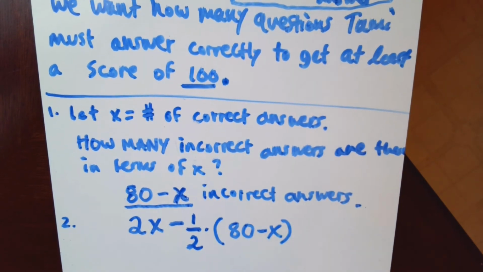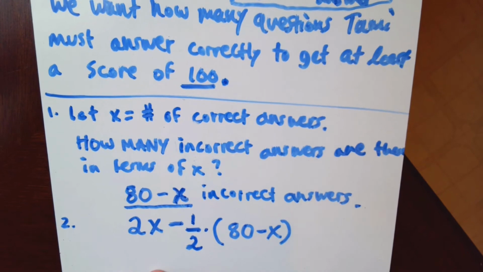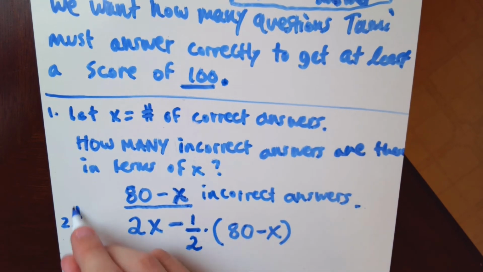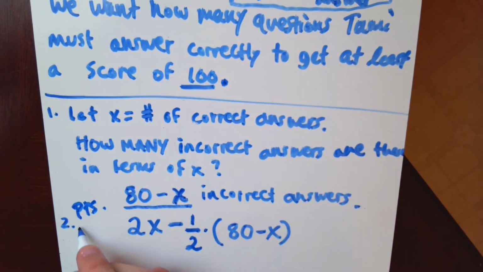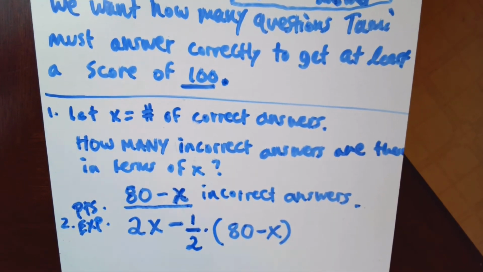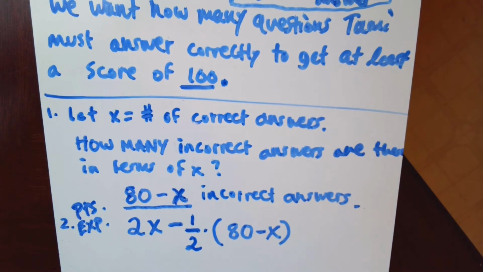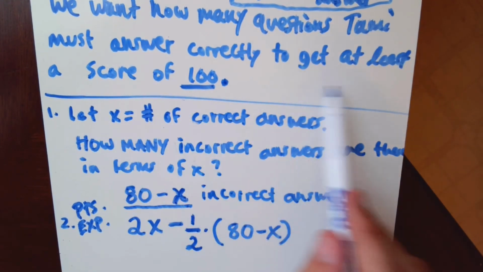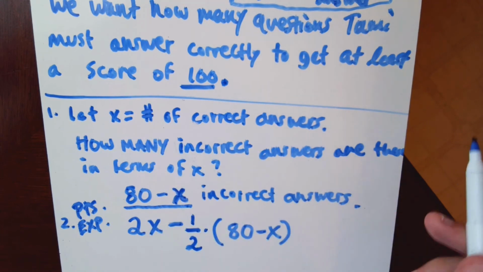Awesome. So now we've set up an expression for the number of points that Tammy, or anyone who takes this exam, will earn. This is our points expression right there. But what we want to do is set up an inequality. We want to know how many questions Tammy must answer correctly to get at least a score of 100.